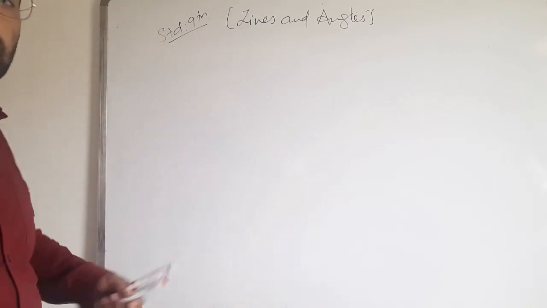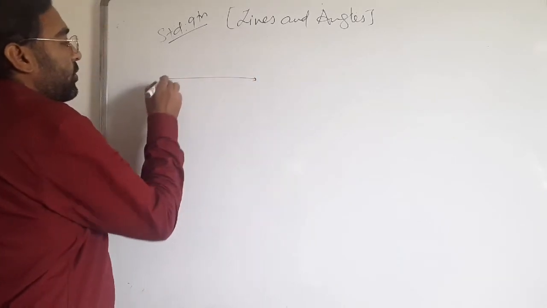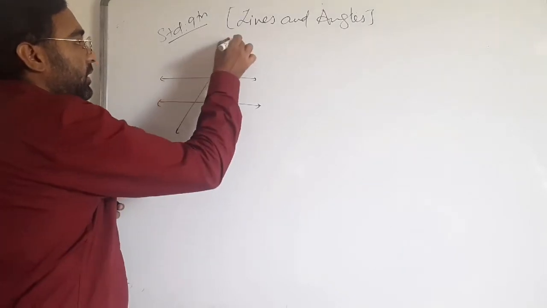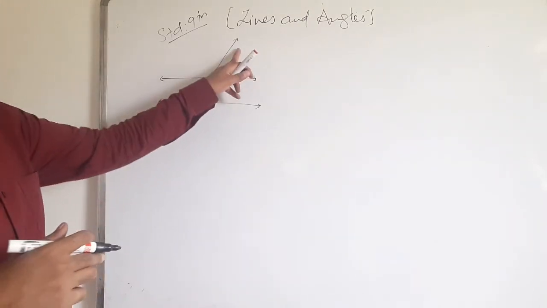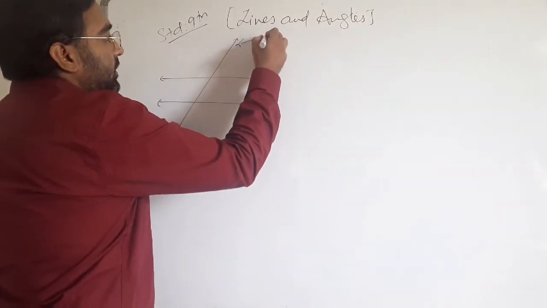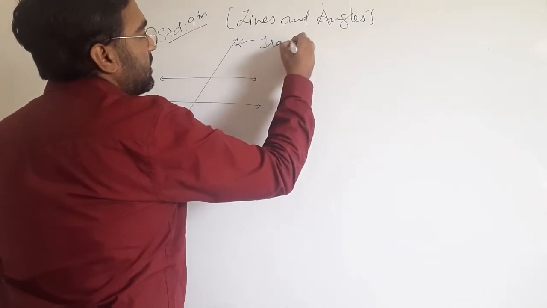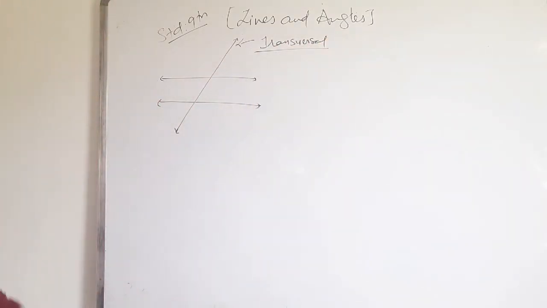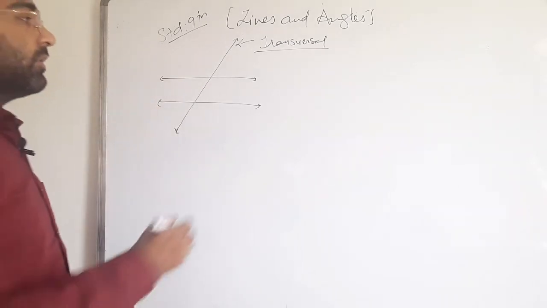Here my concept is, if two parallel lines are given, and a third line intersects these two parallel lines, we call it a transversal. This line we have to call a transversal, and these two lines are parallel to each other.